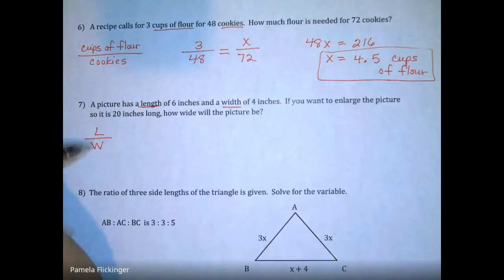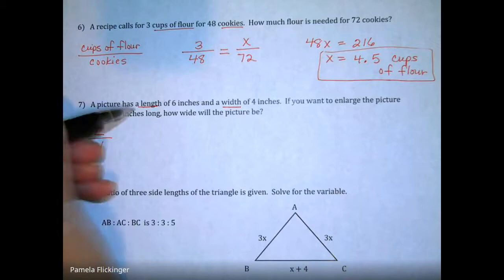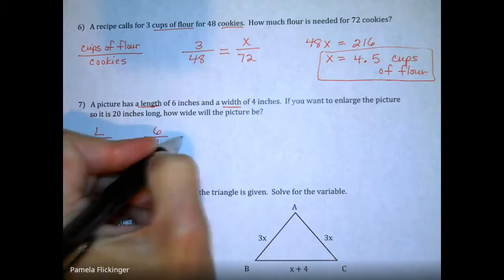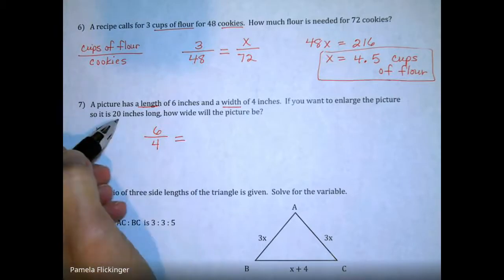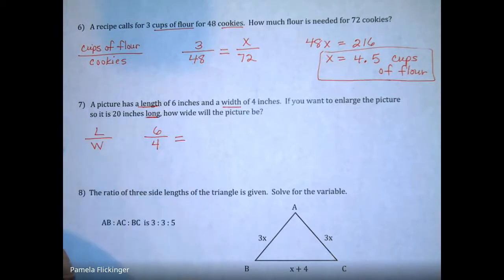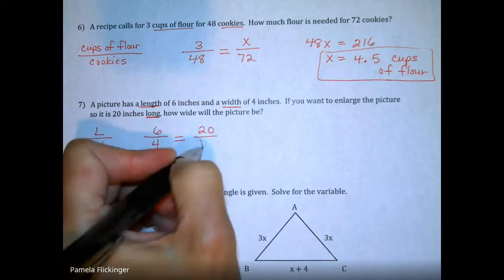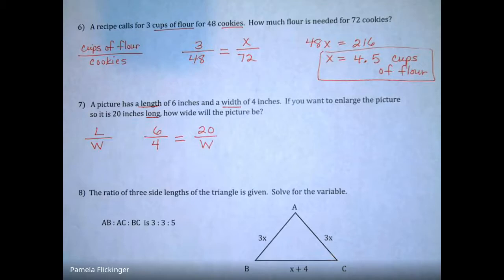If you wanted to do width over length, you could, but each fraction that you write must continue with this pattern. So if I've got a length of 6 and it's paired with a width of 4, this 20 is telling me that that's 20 inches long. That is length, so the 20 goes up top, and it's the width that I'm trying to find. So I'll just use a variable of W.